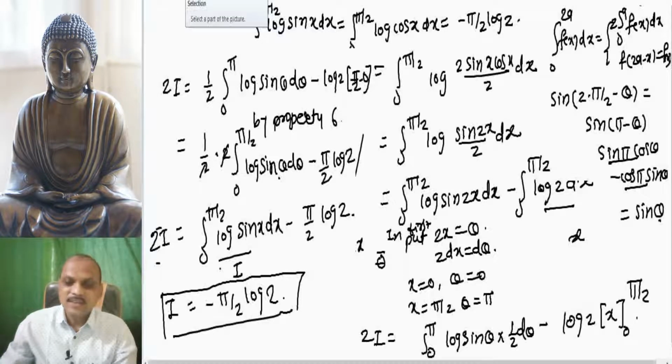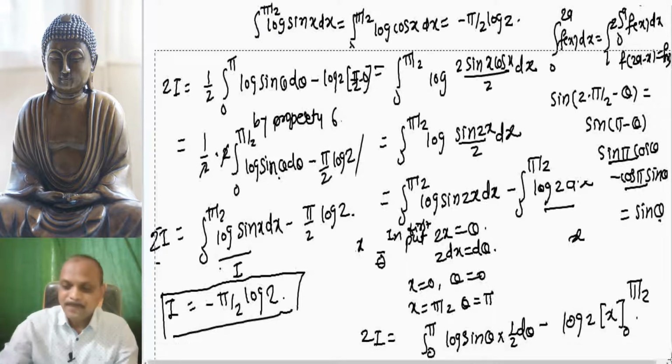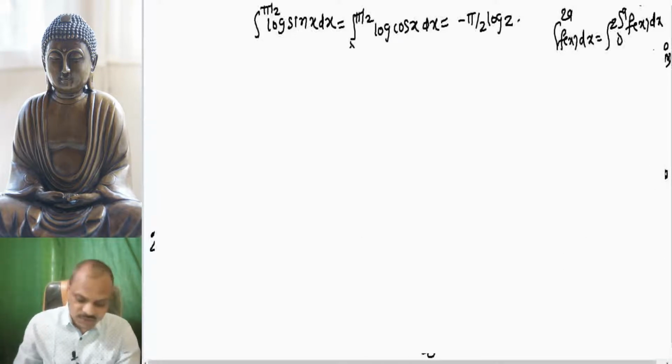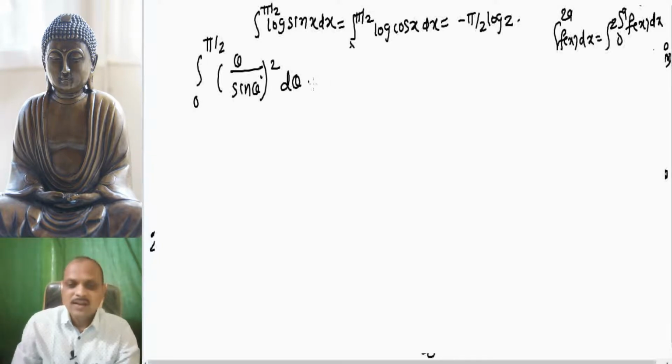Let us apply this result to prove one problem on this result. Suppose we want to evaluate the integral from 0 to pi by 2 of theta divided by sin theta whole squared d theta. This is equal to the integral from 0 to pi by 2 of theta squared into 1 divided by sin squared theta, that is cosec squared theta, d theta.